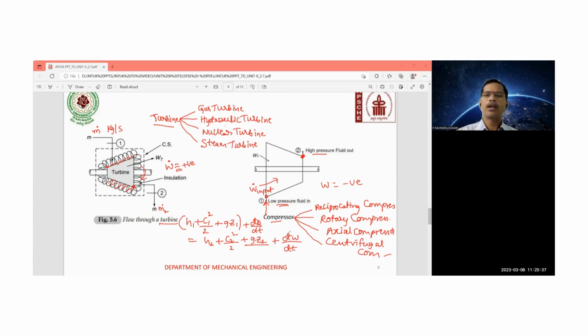Here for a turbine, the work term is positive, and for a compressor it is negative. This is what the student has to observe.